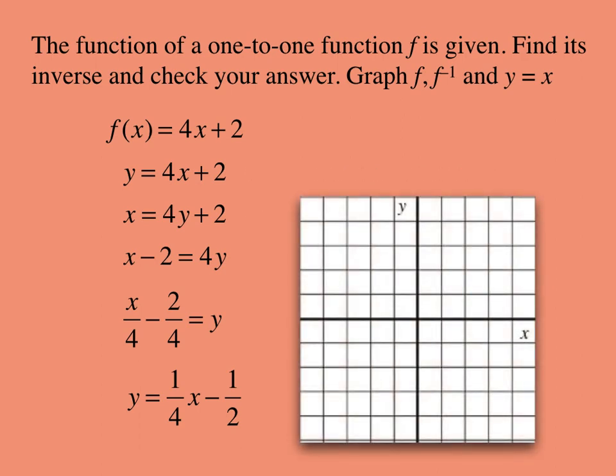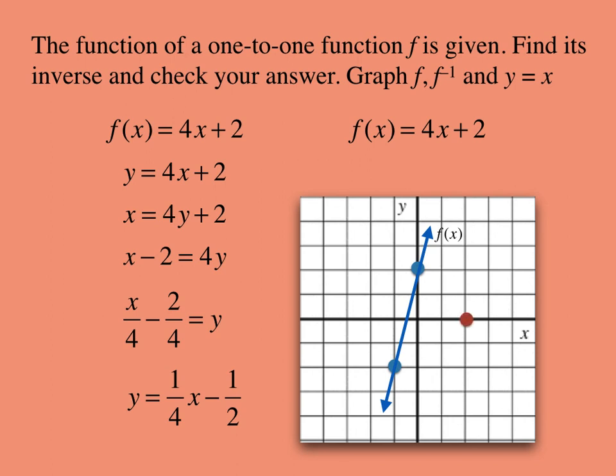Now graphically, we'll start by graphing the original function. The y-intercept is 2, the slope is 4, and we'll connect those dots. There is my function f of x. Now graphically, we can graph this inverse by switching. You see these two points that lie on the curve f? Let's just switch the x and the y. So the y-intercept was (0, 2). Let's graph (2, 0).